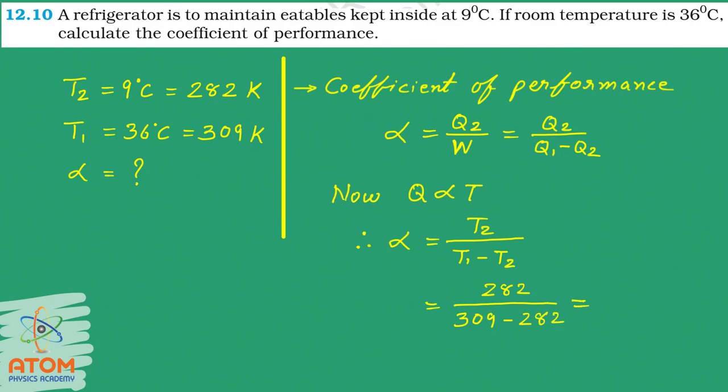So this becomes 282 divided by 27. That means the value of alpha is now 10.4. So the coefficient of performance for this refrigerator is 10.4.